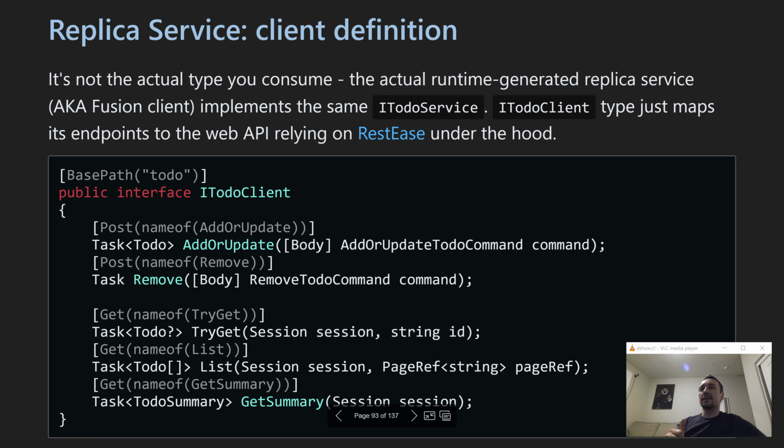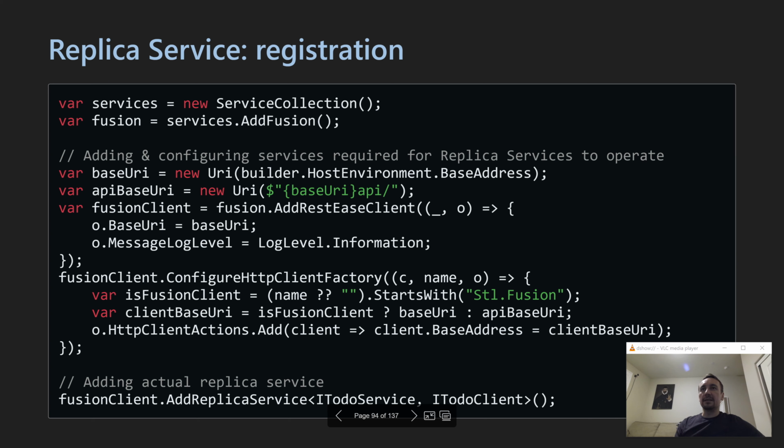It uses this client under the hood, but in reality what you do is that, similarly to registering compute services, you register a replica service here, and you tell it to expose this thing as this thing, and that's it. All the magic happens somewhere in between.